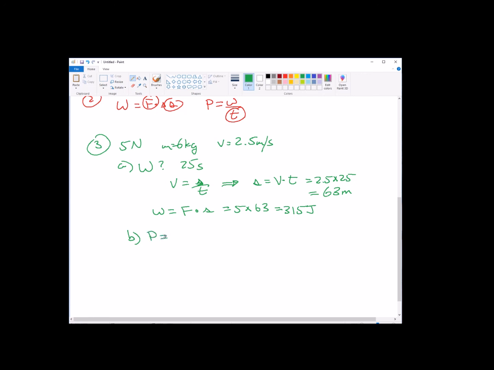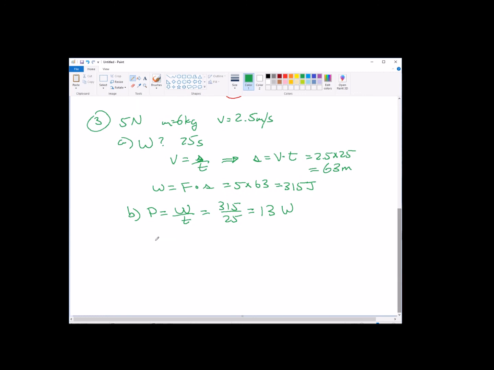So power is equal to work over time. We have the work is 315 and the time is 25 seconds, so divide the two and you get 13 watts, right?